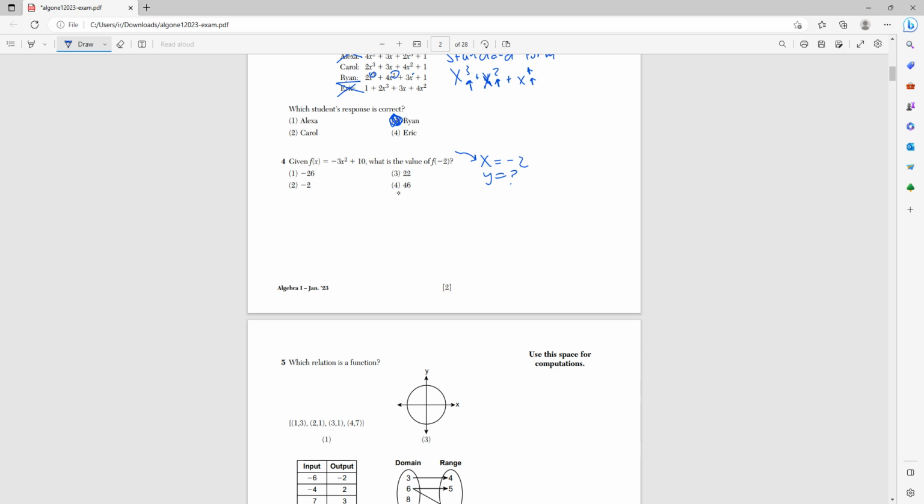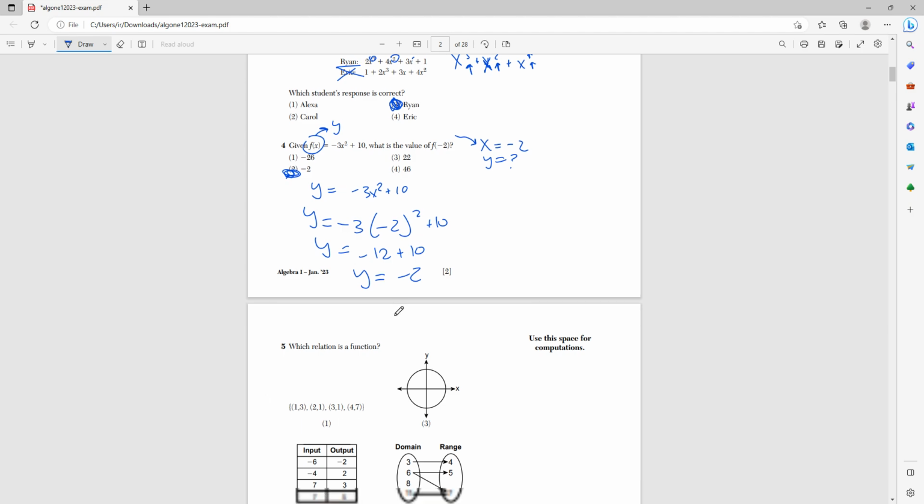And f of x is the same thing as y. So y is equal to negative 3x squared plus 10, and it's asking what y equals when x is negative 2. Once again, we just plug it in. y is equal to negative 3 times negative 2 squared plus 10. Negative 2 squared is 4, and 4 times negative 3 is negative 12. Negative 12 plus 10, and y is equal to negative 2.